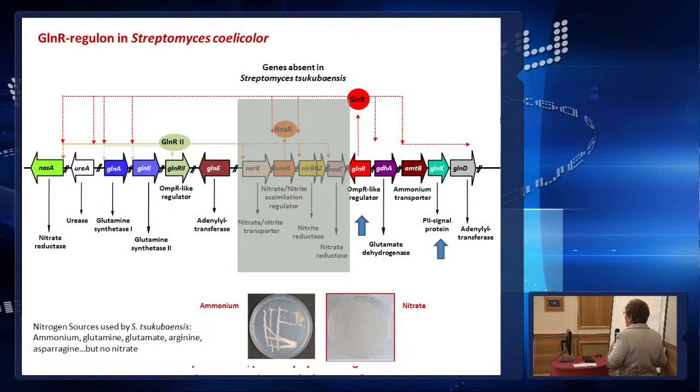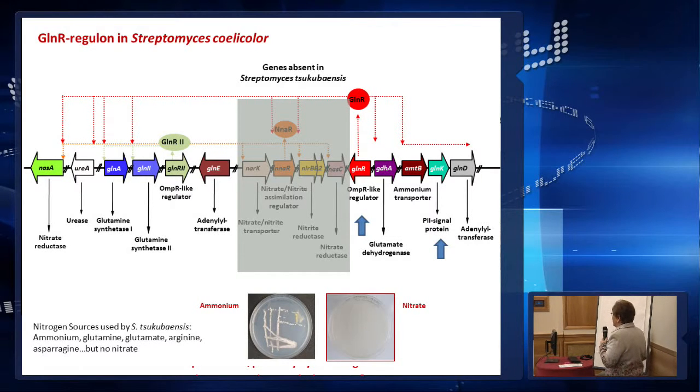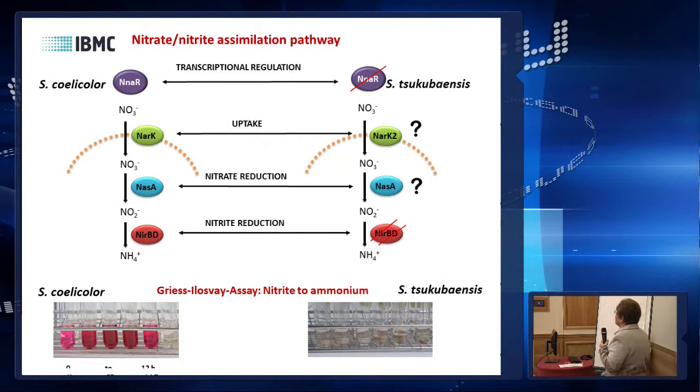So thinking that perhaps it was interesting to get strains able to use nitrate because perhaps they will produce more tacrolimus, the group studied the utilization of nitrate by Streptomyces. In coelicolor, there is a regulator which activates a gene for transport of nitrate, and then the nitrate reductase and the nitrite reductase. And coelicolor gives a very good nitrate to nitrite assay, indicating that this is working.